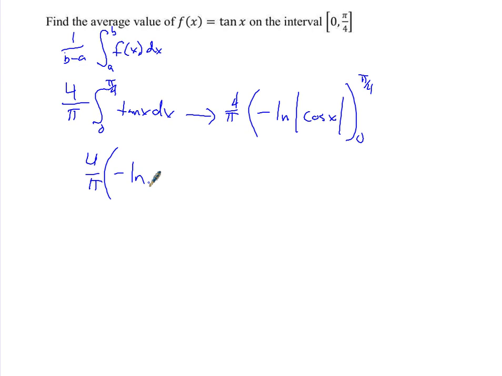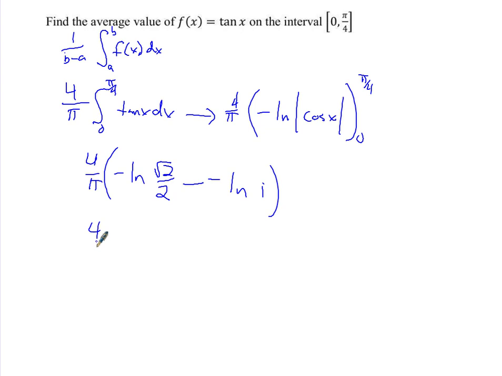No, so we have negative natural log of the square root of 2 over 2. Then minus the negative natural log of cosine at 0, which is 1, so natural log of 1. This is 0, so it doesn't matter.